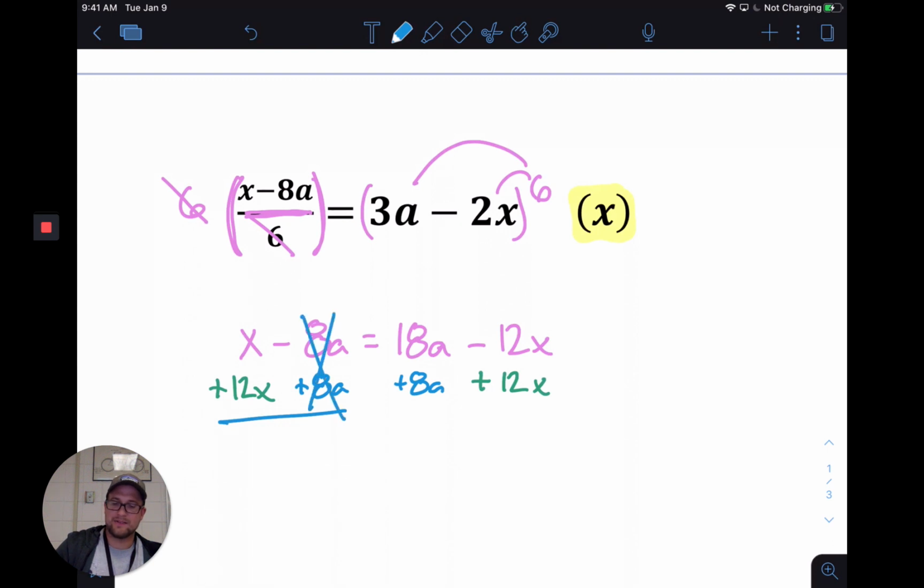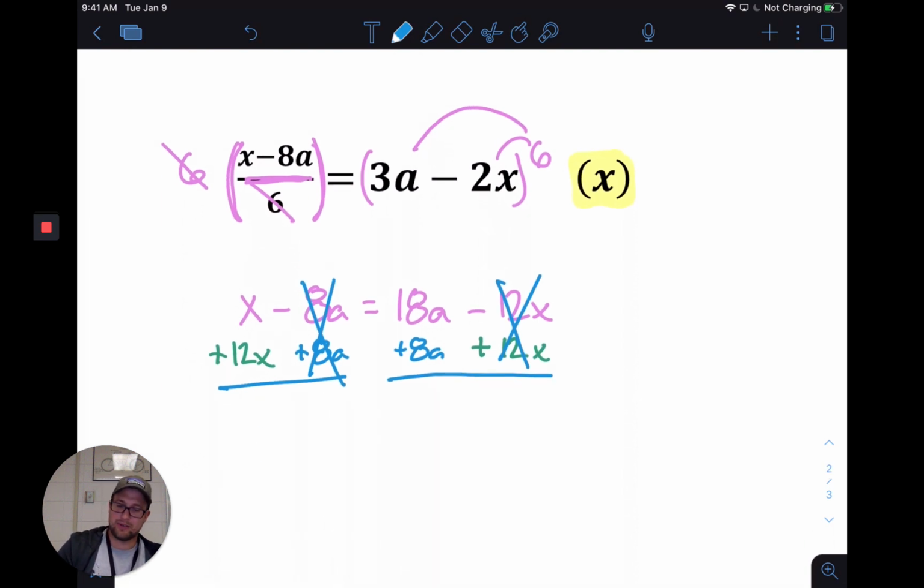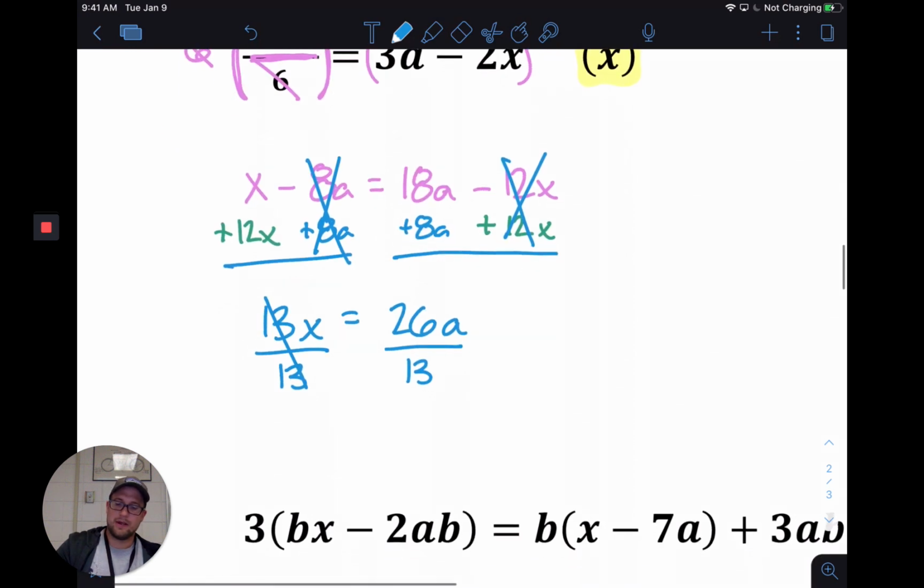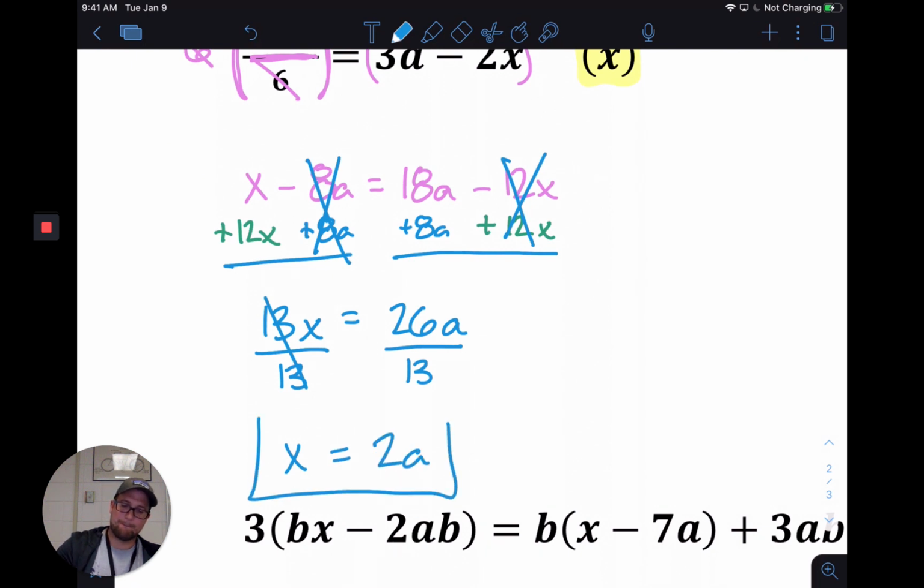My 8a's cancel each other out on this side, and my x's cancel each other out on this side. x plus 12x would give us 13x, and 18a plus 8a would give us 26a. The last part of this problem is going to be just getting x alone, so I will divide by 13 and divide by 13, and we will have that x is equal to 2a.